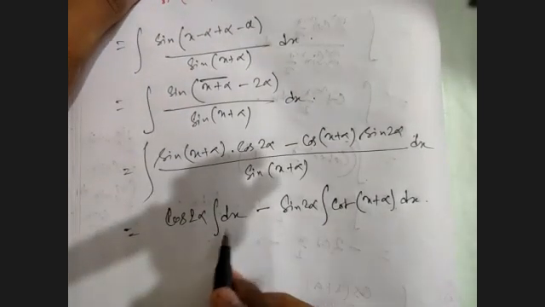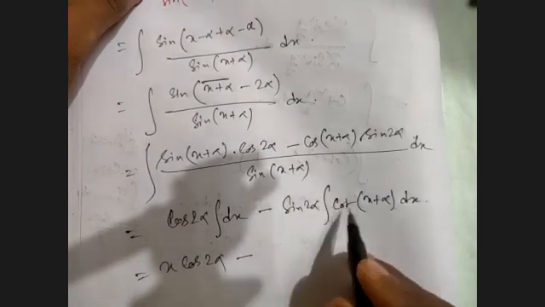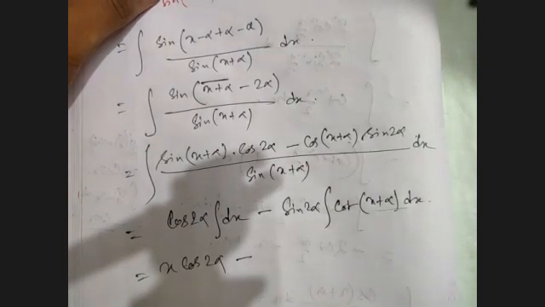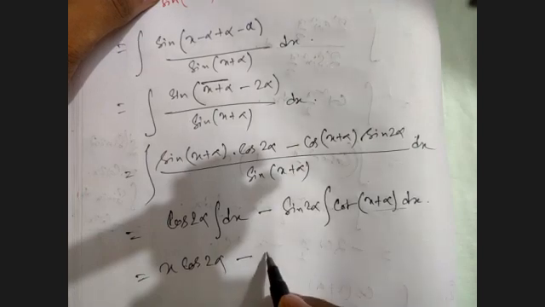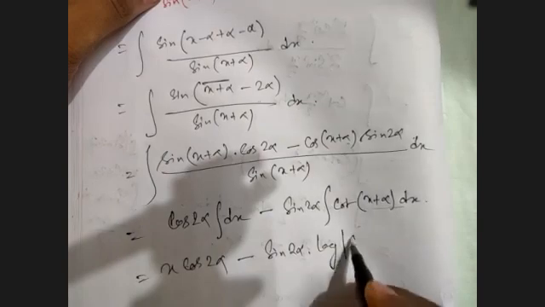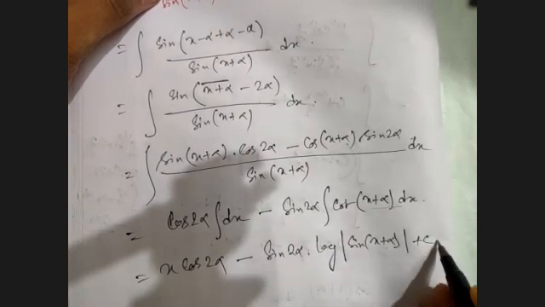Now here x will come. So x cos 2 alpha minus, the formula of integration of cot of (x plus alpha) is log of sin (x plus alpha). So minus sin 2 alpha into log sin (x plus alpha) plus c.